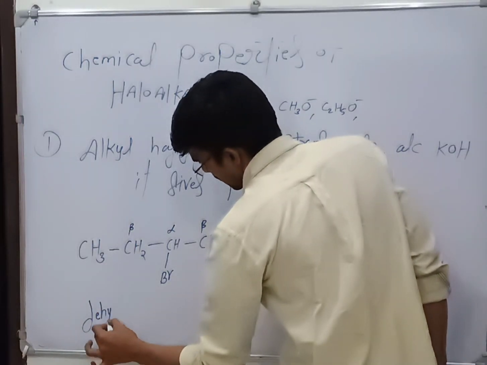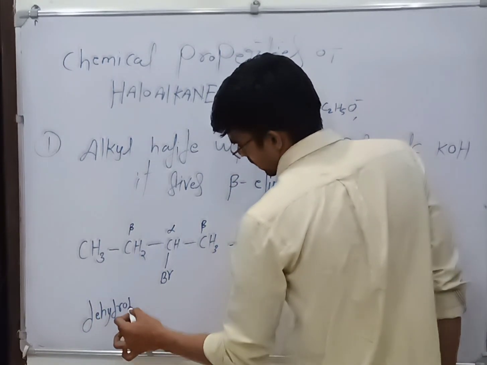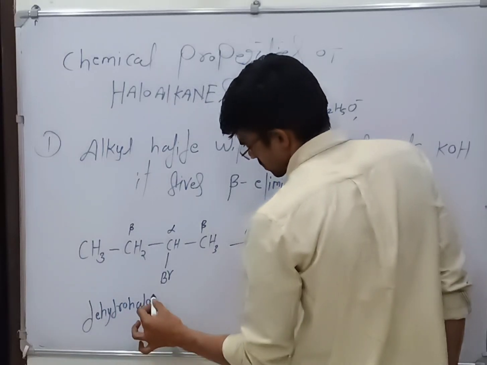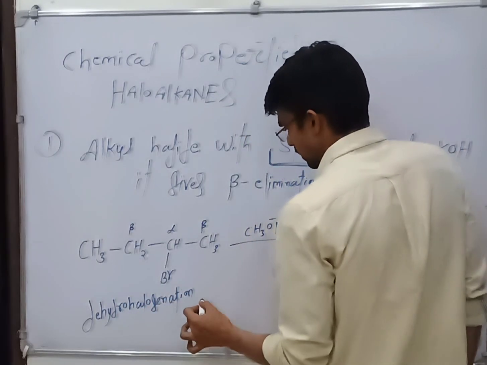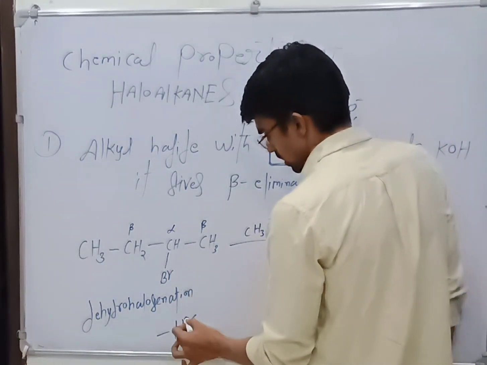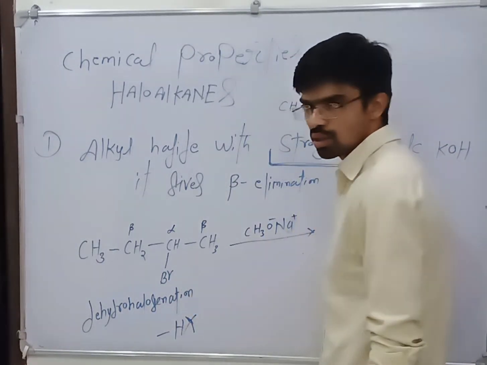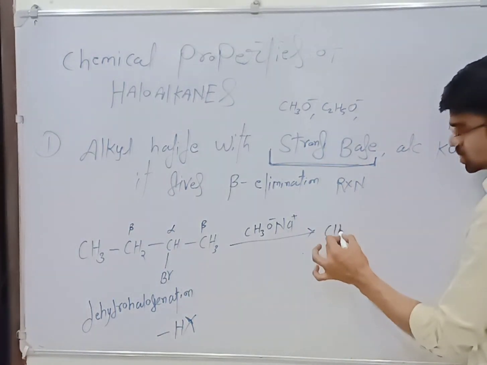dehydrohalogenation. Dehydro means hydrogen and halogenation, that is, minus HX will be removed and it will form a double bond. So our product will be CH3.